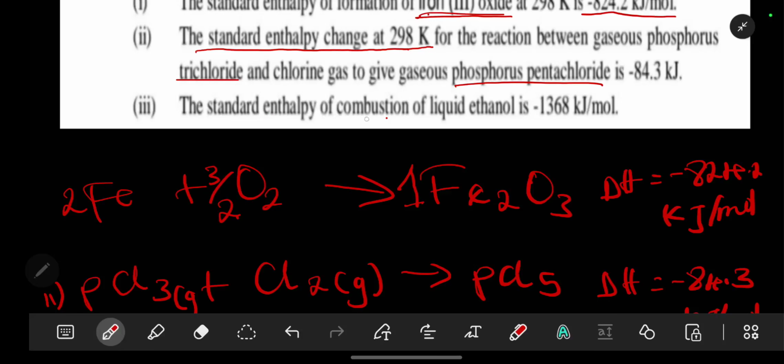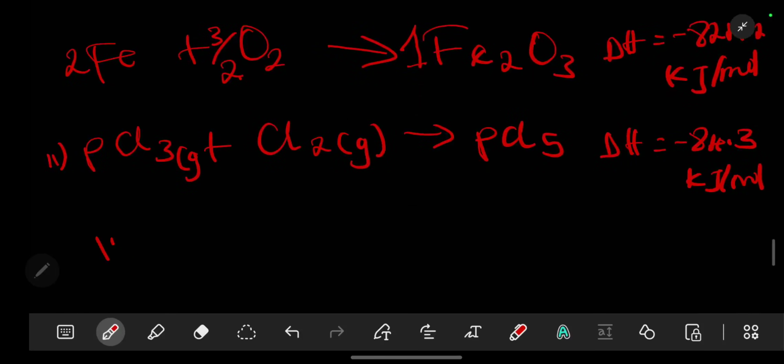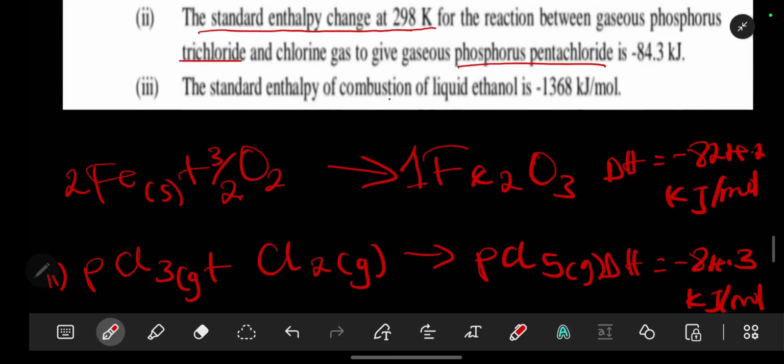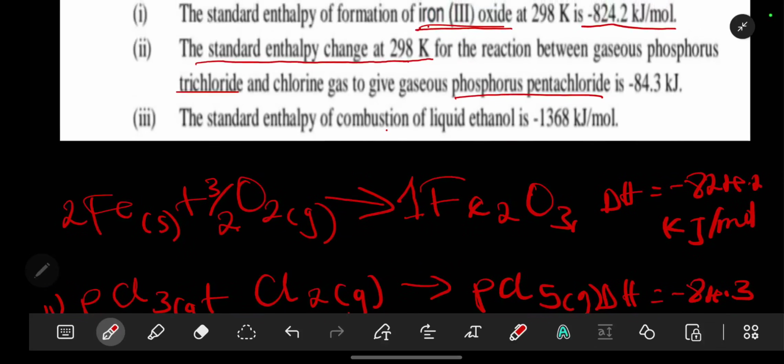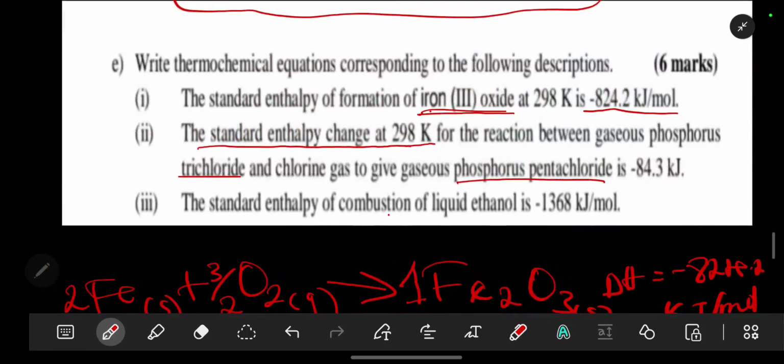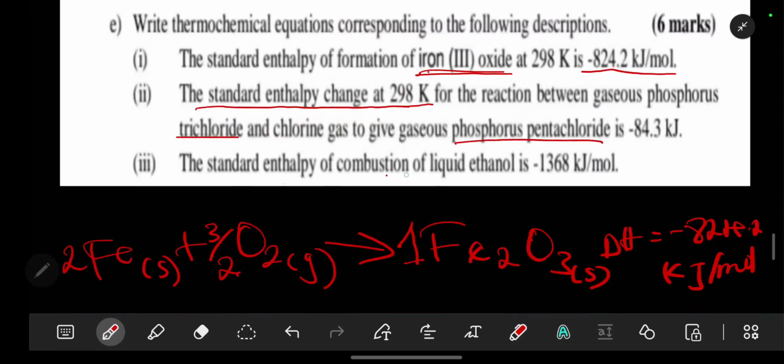Then the other one, we have the standard enthalpy of combustion of liquid ethanol. Finally, the third one is the standard enthalpy of combustion of liquid ethanol.